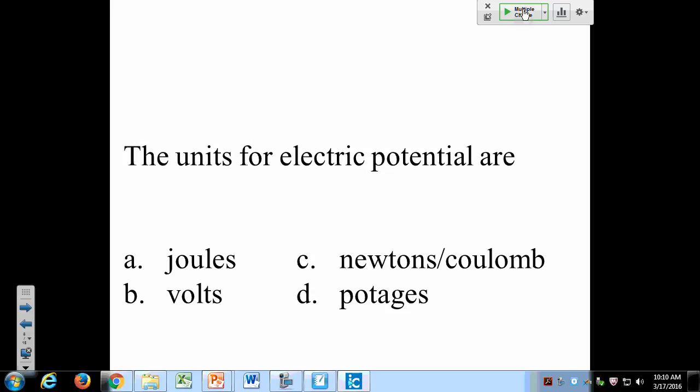And the units for electric potential are which of these? Joules, volts, newtons per coulomb. Think about what is electric potential.